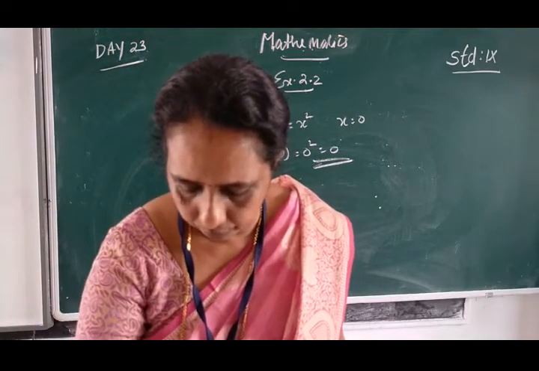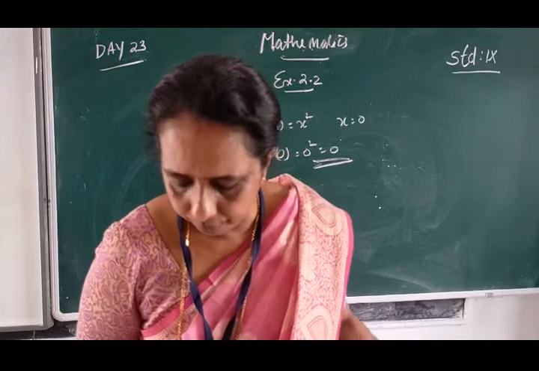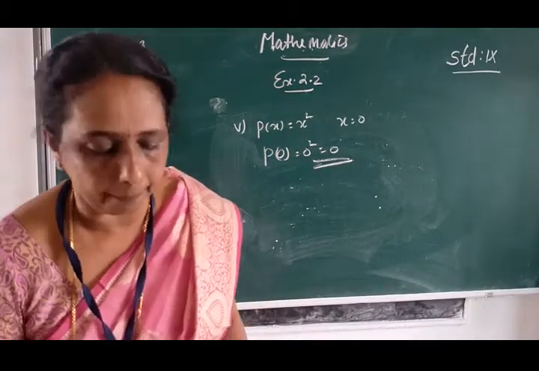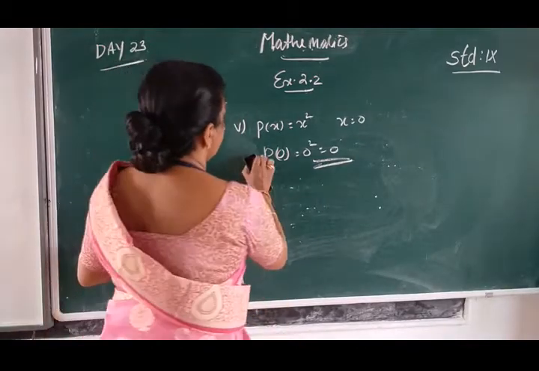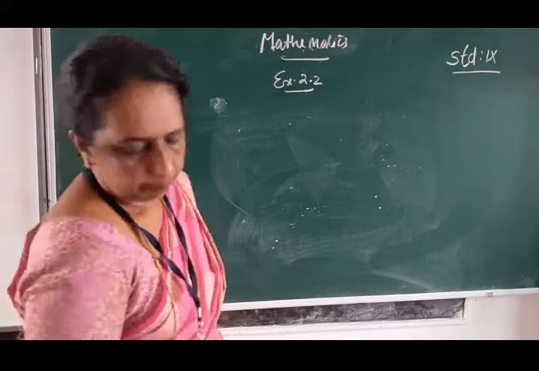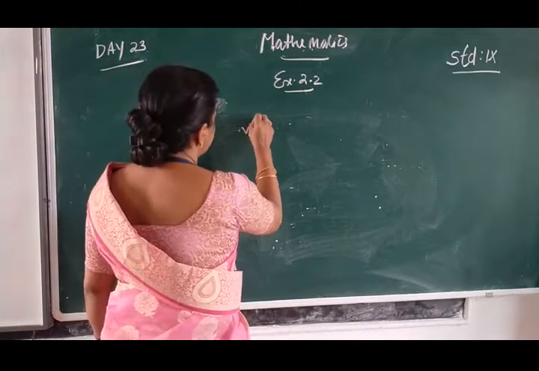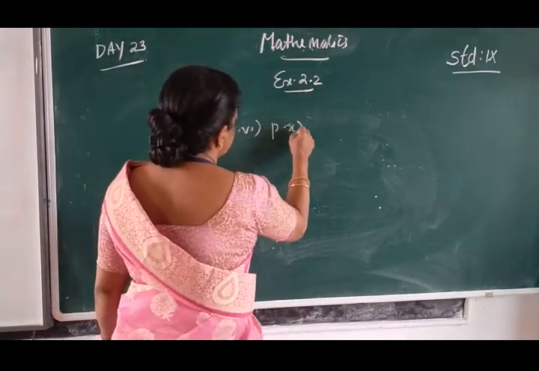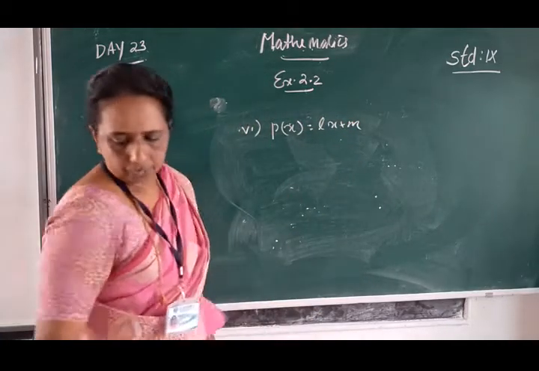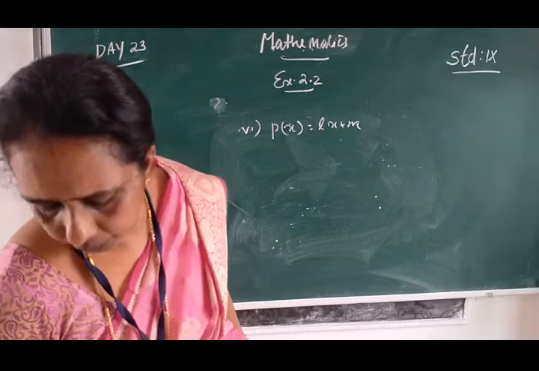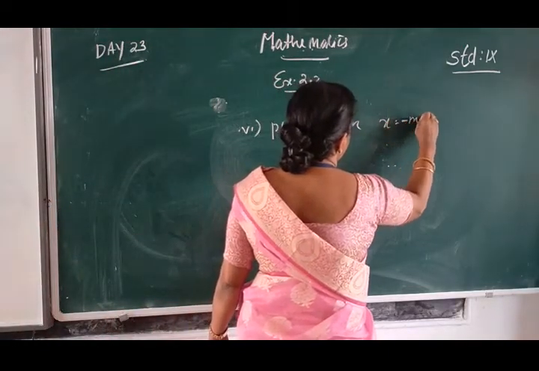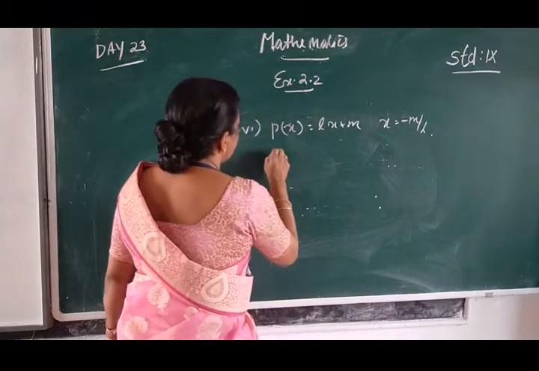That way you can find out the next one, that is p of x is equal to lx plus m. Sixth one, p of x is equal to lx plus m. Given that, put x is equal to minus m by l.